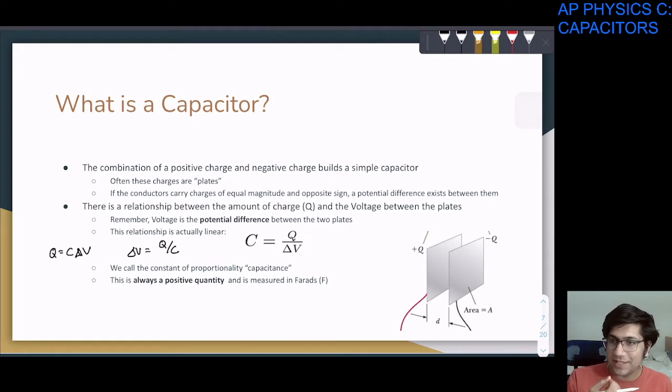So when we talk about capacitors, we can just define them by their capacitance. And then you just know that if you apply a charge to it, you can say how much voltage you'll get across the plates. Now this is always a positive quantity and it's measured in farads, F.